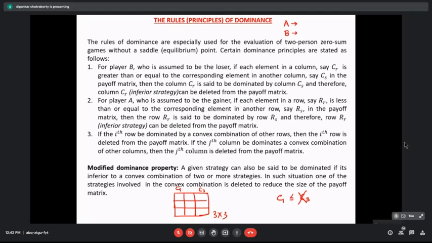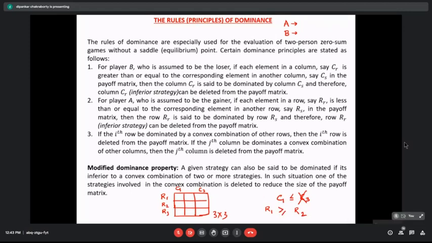Now if I ask you the same thing for player A, what are you going to do? Suppose for player A, I have three rows, R1, R2, R3. So what will player A try to do? Anyone? Player A always tries to keep the row which has the maximum value. So now, if I consider two rows R1 and R2, and suppose the relation between them is R1 is greater than or equal to R2.